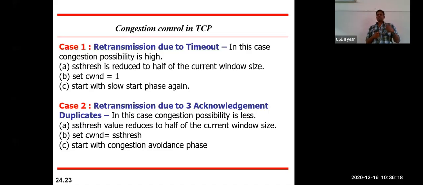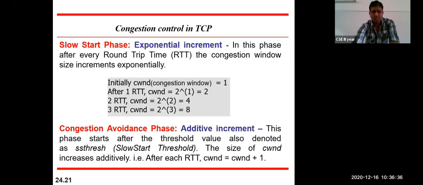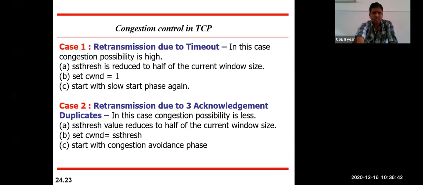That's the first step. Second step, set the congestion window to 1. What does the 1 mean? 2 power 0, which means you are starting with the first phase again. When is your congestion window size 1? Initially, at the beginning. Can I go back and show you? See there, initially, CWND, the congestion window, is equal to 1. So what are you doing once an RTO happens?